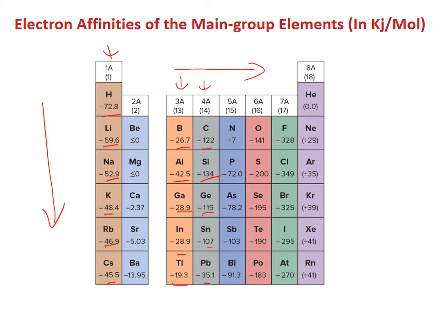If we look at period 3, sodium is 52, magnesium is not shown here. Aluminum decreases, and then it increases to silicon 120, and then decreases again, and then increases. So in general, it has a trend to increase, but it's not as regular as atomic size and ionization energy.